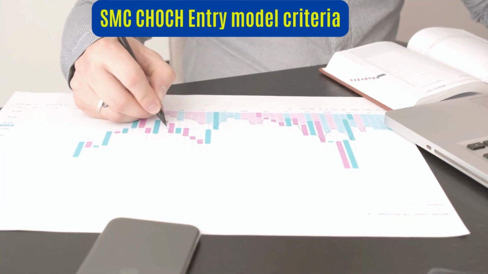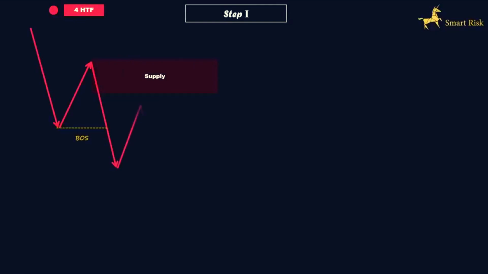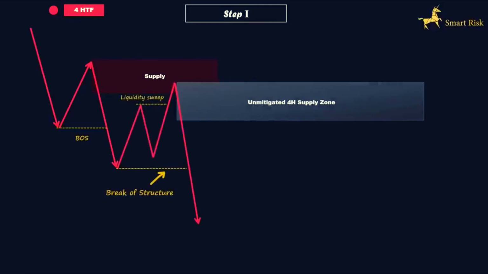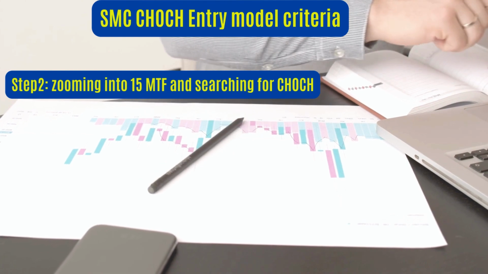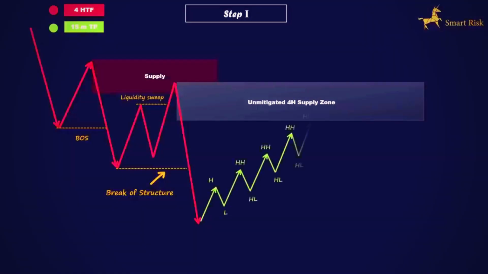Firstly, we conduct market structure mapping on the 4-hour time frame and highlight unmitigated areas of interest. We then shift to the 15-minute time frame to gain a clearer perspective on price action and search for any signs of a change of character in market behavior.